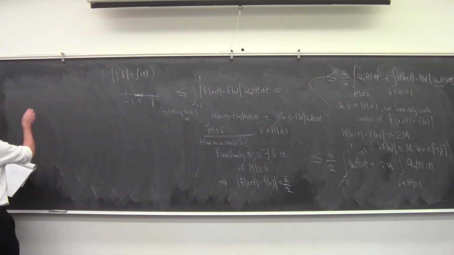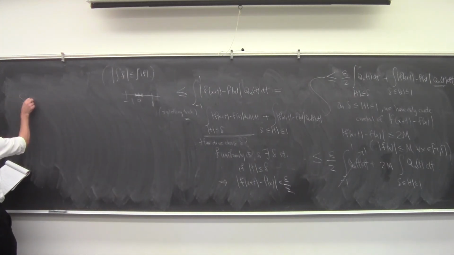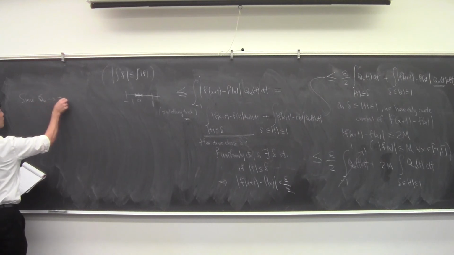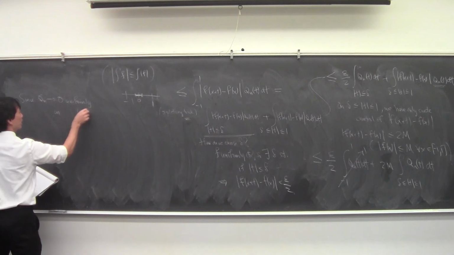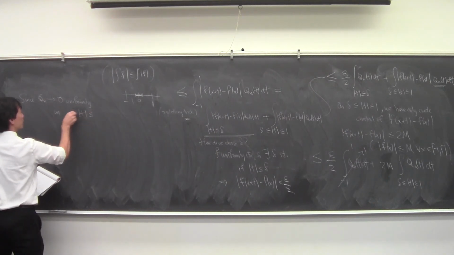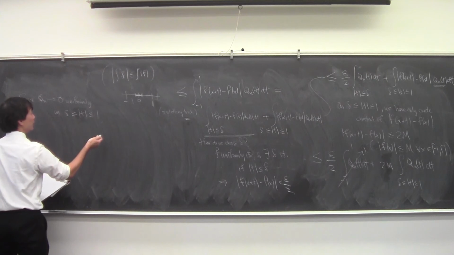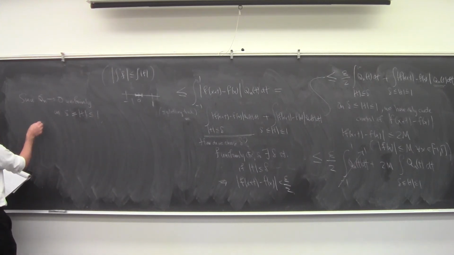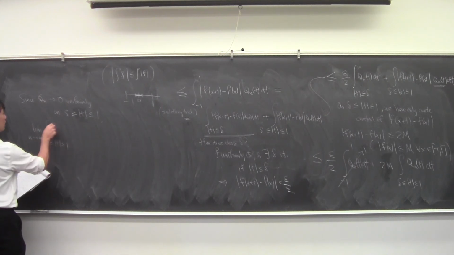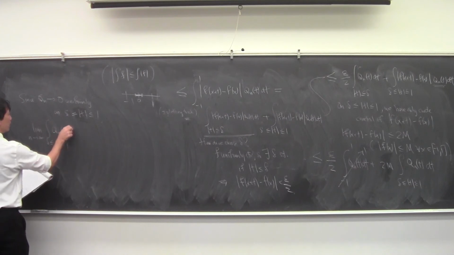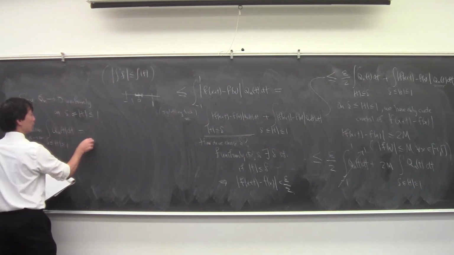So why is it true? Since Qn goes to 0 uniformly on that domain, we know that the limit of the integrals as n goes to infinity, the limit of the integral of this thing equals the integral of the limit, which is 0.